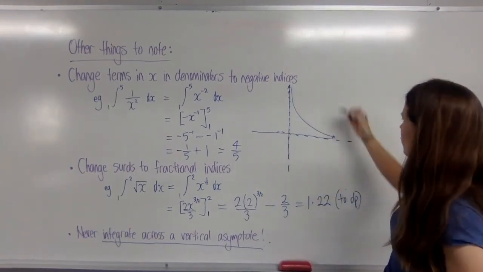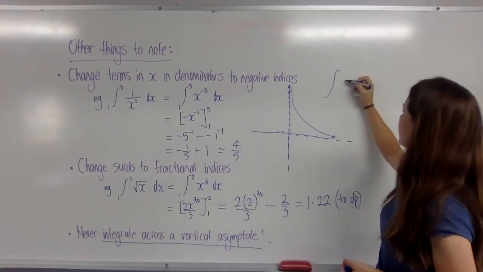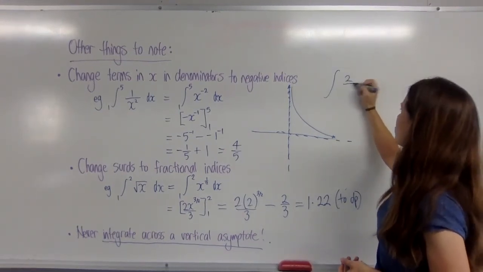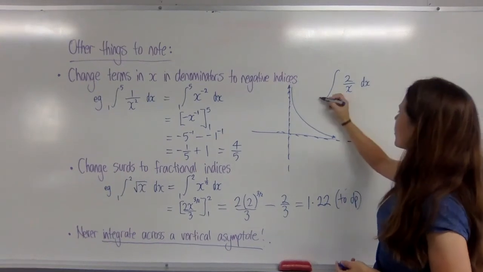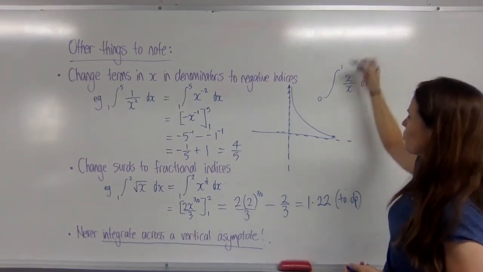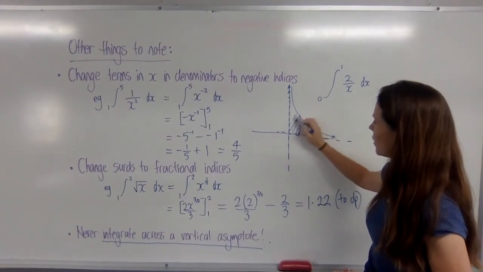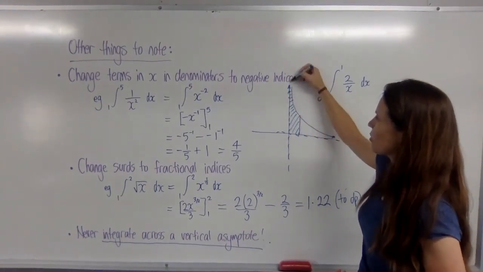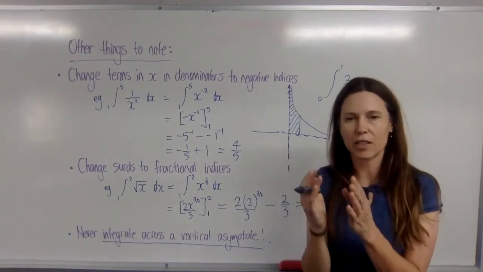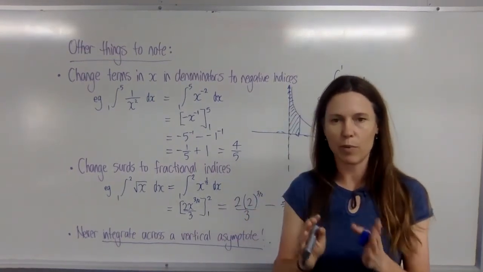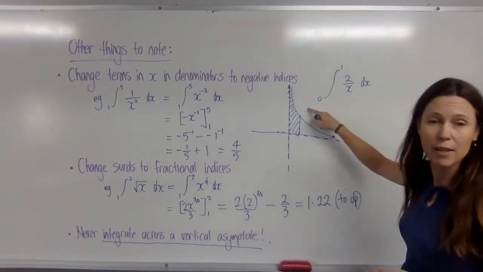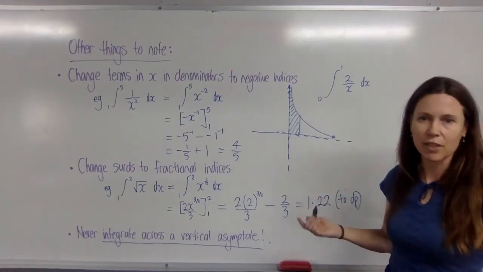If we were going to try and find, say, 2 over x dx, and we're looking at a boundary from 0 to 1, then we're actually finding a sum of values of this space in here. And it goes onwards and upwards forever, so it can't actually be bounded. It doesn't have a proper boundary. So we can't find a definite integral of something that doesn't have definite borders.